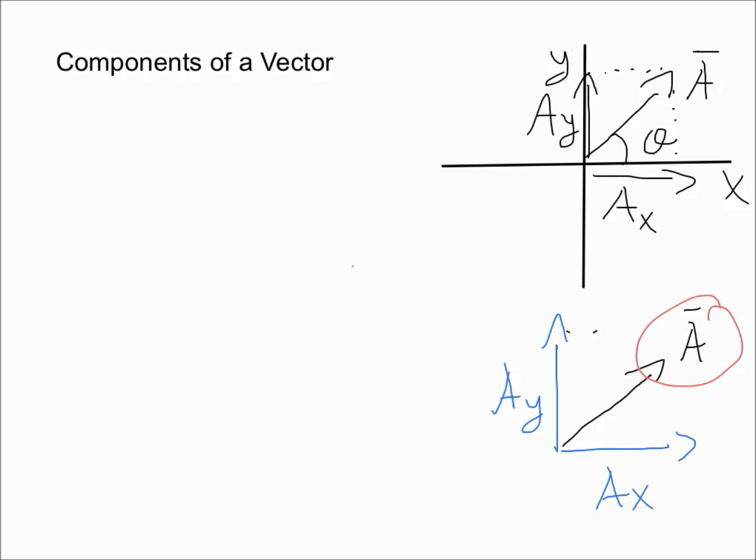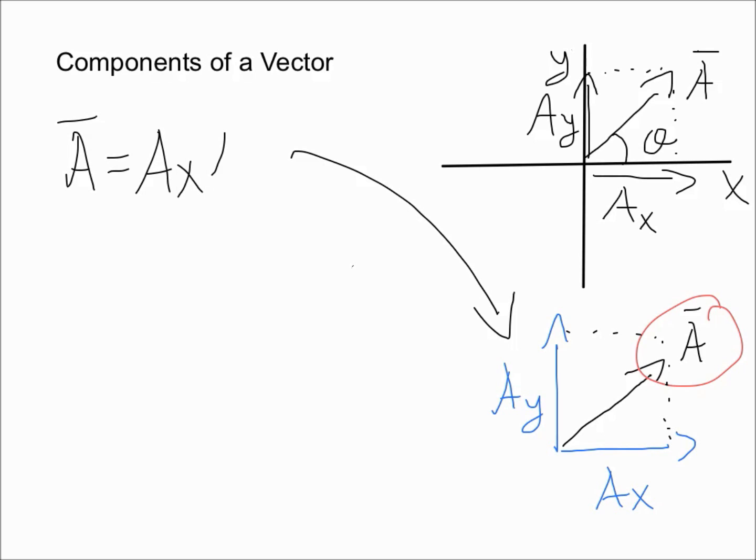So you can project it there. It's a projection of the vector in the designated direction. Then from this you can consider that our vector A is equal to ax plus ay.